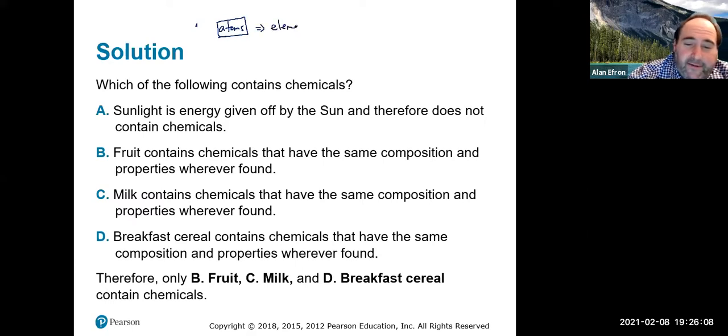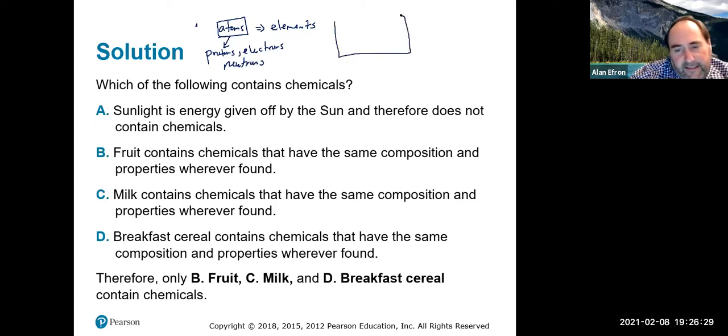So atoms are the basic unit of elements, as we'll talk about when we talk about atoms. They have protons, most of them have electrons, and most of them have neutrons. That's your simple arrangement of elements. The periodic table is a list of all the elements that we have.